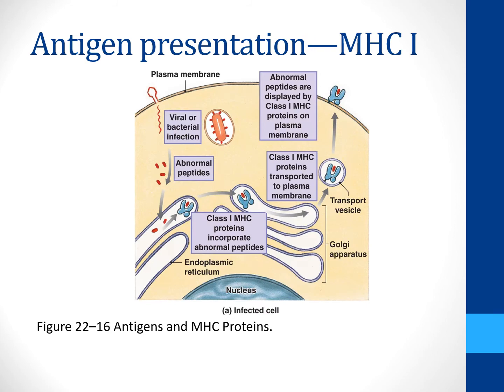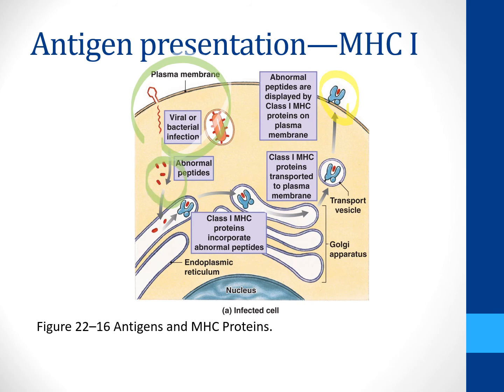So this is showing you the MHC1, the actual MHC protein on the cell membrane surface. What happens is we start over here with our viral or bacterial infection, which comes into the cell and releases abnormal peptides.